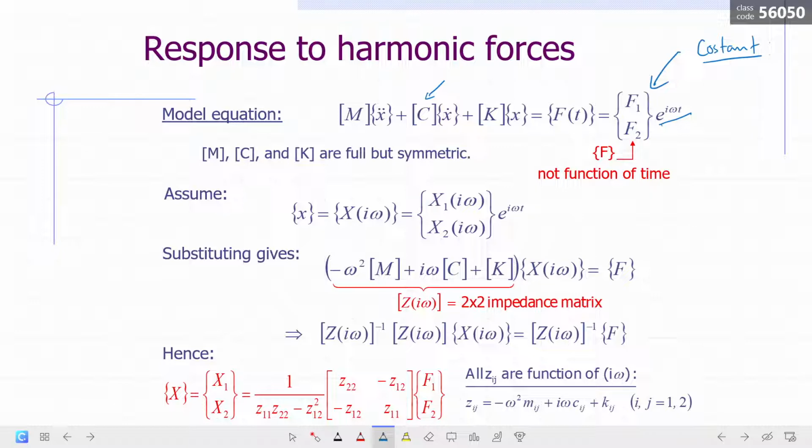Here we can see that the right hand side is a trigonometric function, e to the i omega t. This is an exponential, but because the exponent is a complex number, it becomes a trigonometric function.